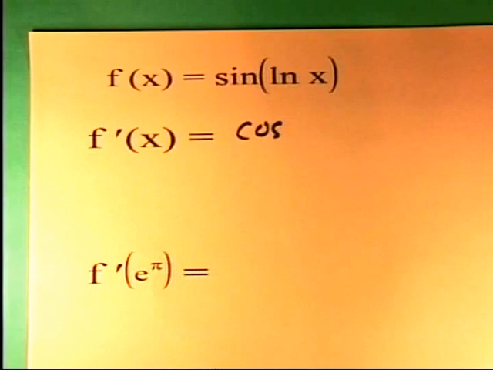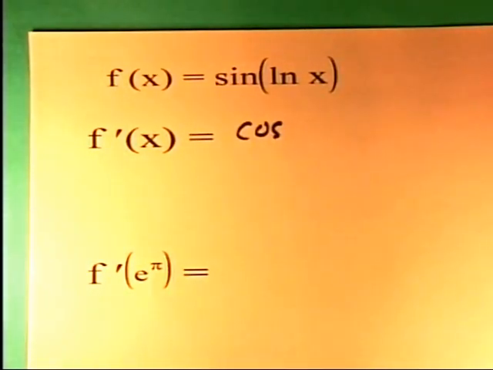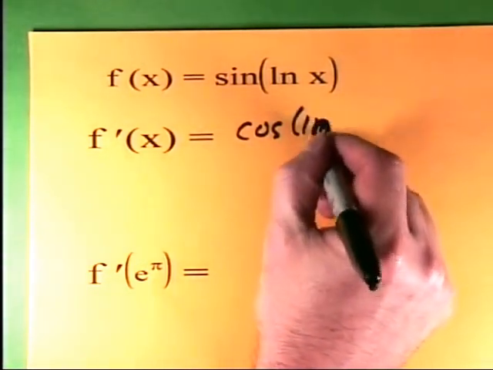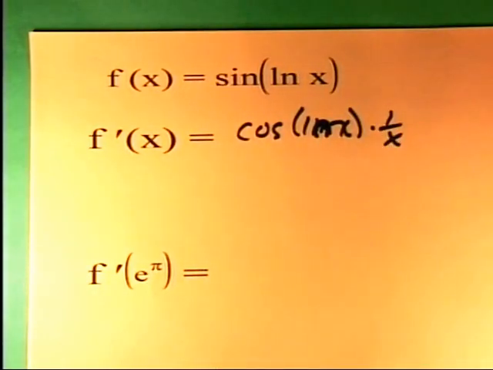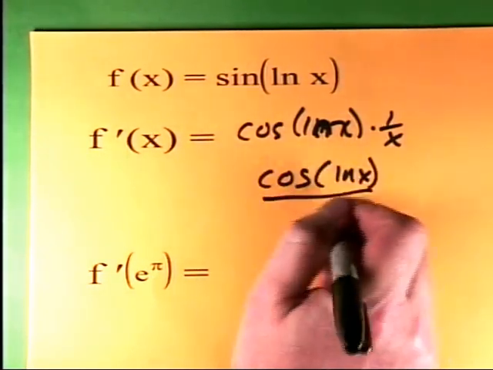Cosine of u. Cosine natural log of x, okay, excellent, times 1 over x. So that's going to be equal to cosine natural log of x all over x.